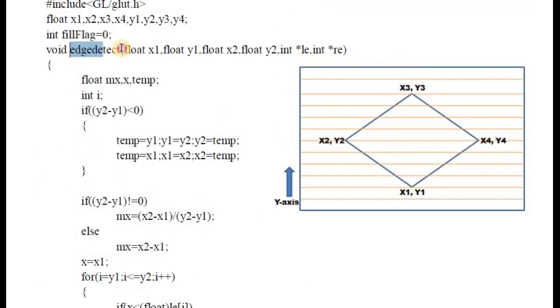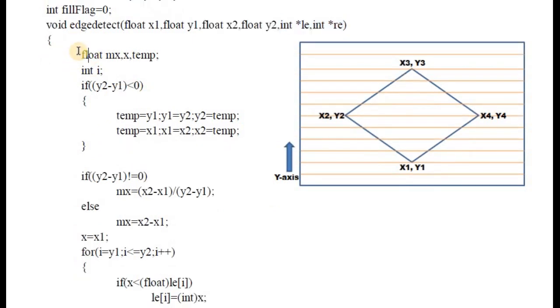So this is the edge detect function with the 2 vertices. This holds the 2 vertices, and this is a pointer array. Here we'll have mx, where we find the value of the slope. There is an x variable for temporary storage of the x value, and this is a temp variable. We'll see why.